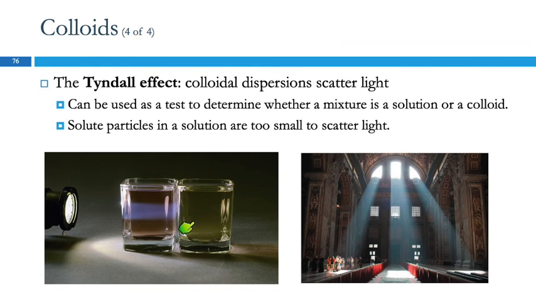The particles here are roughly the same size as the solvent particles, and so no light is being scattered. Here, the particles are too small for us to really see. We don't really notice that it's cloudy necessarily, but when we shine light on it, we see that it is indeed a colloidal dispersion because these are deflecting light.